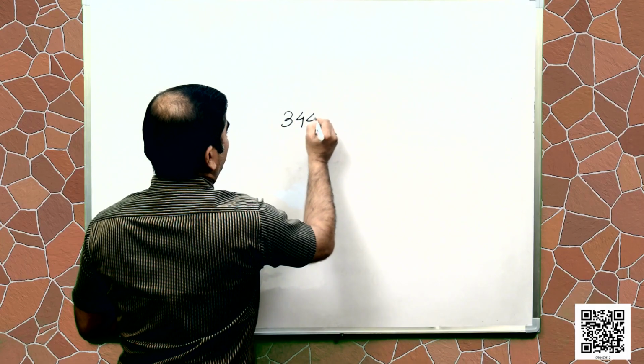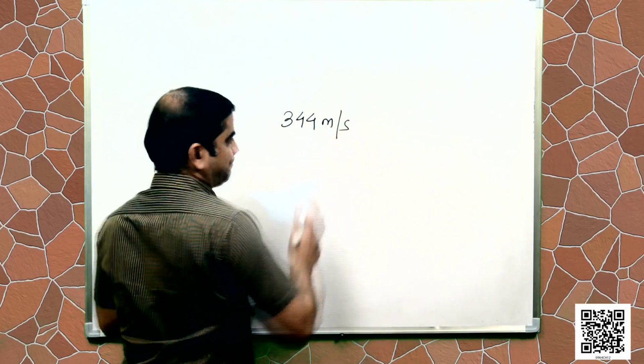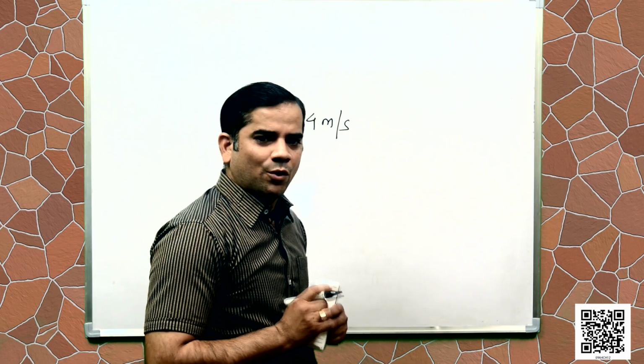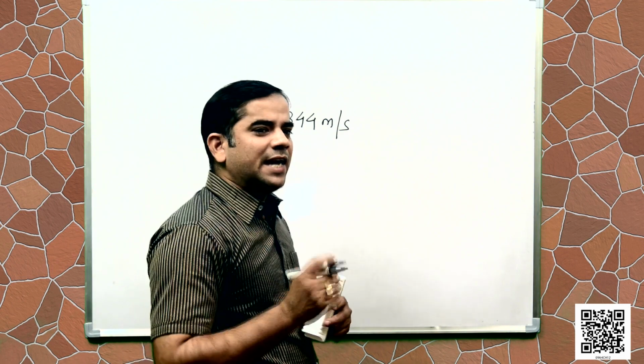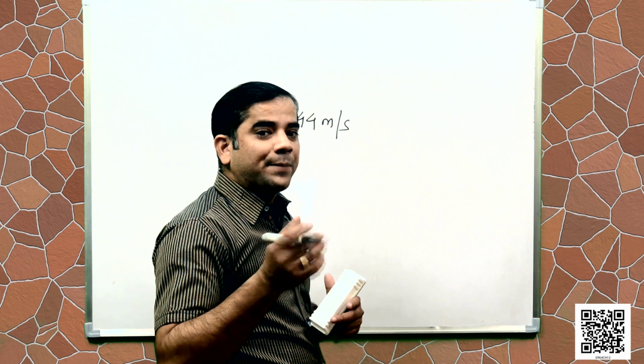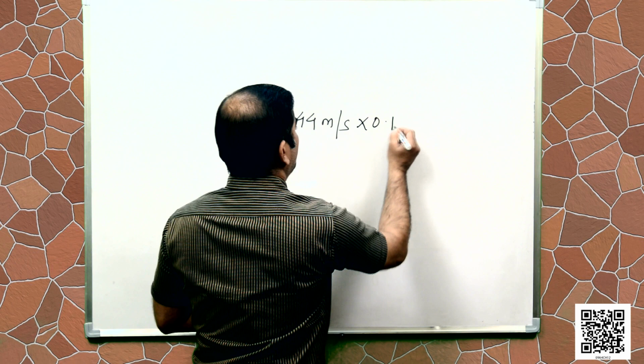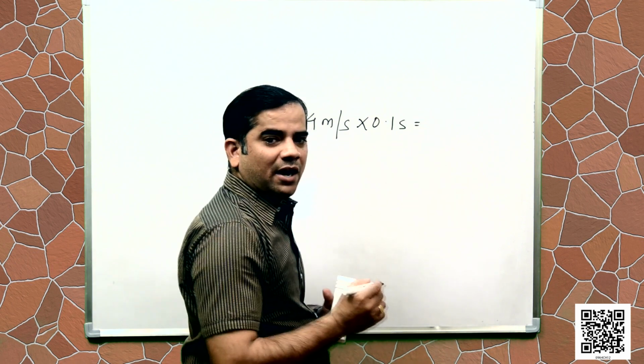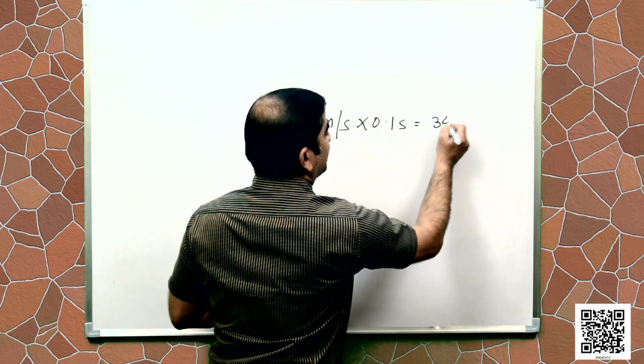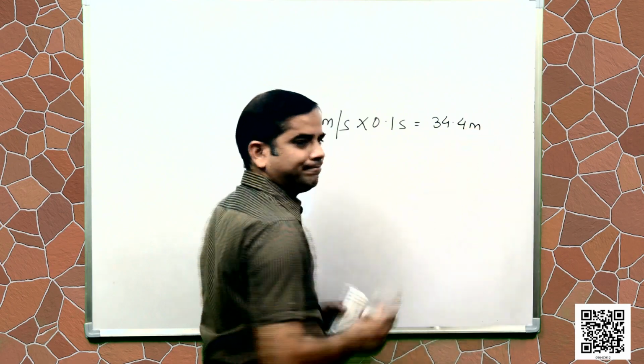Okay, 344 meter per second. This is the speed, and we need the sound to come after 0.1 second. So 1 second gives us 34.4 meter.